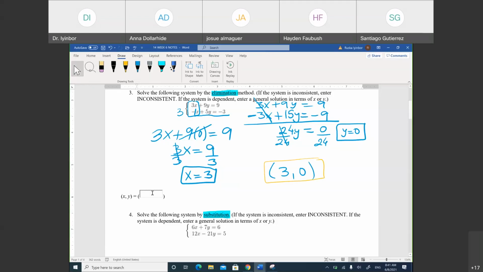And you don't put parentheses because you already have parentheses around the answer box. So just put 3, 0. Okay? Any questions? Everybody understand this method? So this is the easier method to do that. Let me know. You guys have any questions?